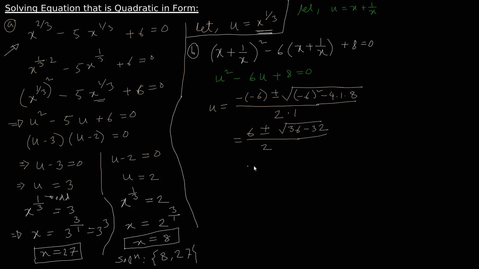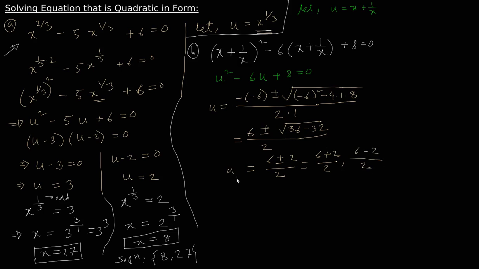So I get 6 plus minus the square root of 4, which is 2, over 2.